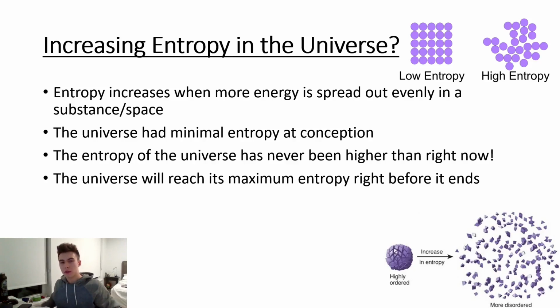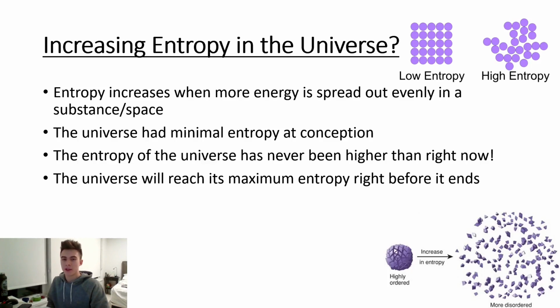Now the second law of thermodynamics states that the entropy in the universe increases for every spontaneous process. Now I found this to be a shocking and surprising statement, but one of the things that helped me to understand why this is the case is that entropy increases when more energy is spread out evenly in a substance or space, and energy naturally tends to spread out as much as possible.